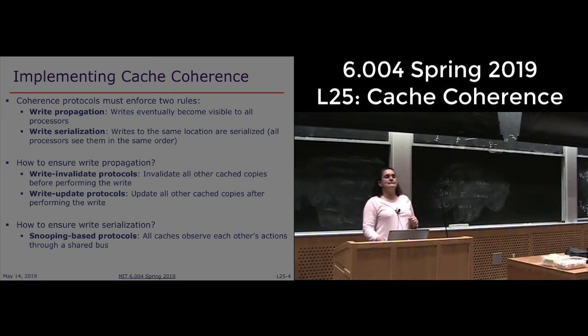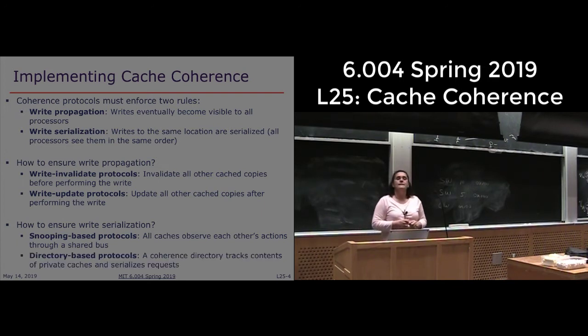Basically the idea is that there's a shared bus that all of the caches are listening to, and by doing this, they're essentially snooping on the bus and seeing what the other caches are doing so that they can all stay in sync with each other. The alternative to this is a directory-based protocol, and this is a much more complex system. We're going to just touch upon it at the end of today's lecture, but the benefit of this protocol is that it's much more scalable than the snoopy-based protocol.